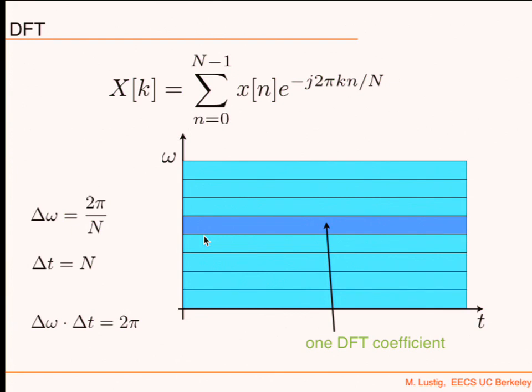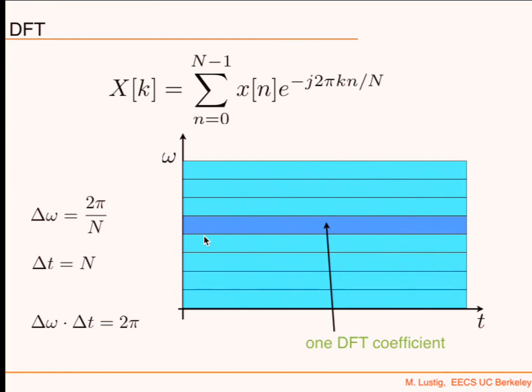Those represent frequencies. So I took a chunk of size n in time. Now I don't know where stuff is within the window I computed the DFT on. I don't know where the frequencies are within that window. So I have uncertainty there. But I have good certainty up to 1 over n in the other dimension.